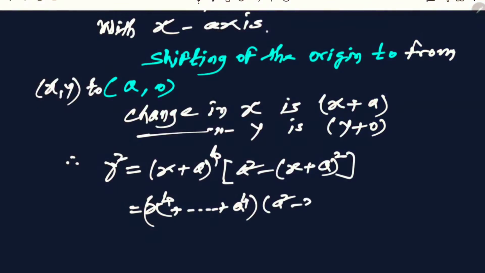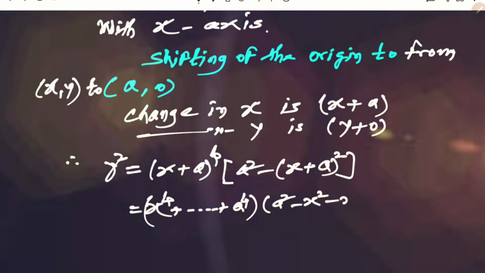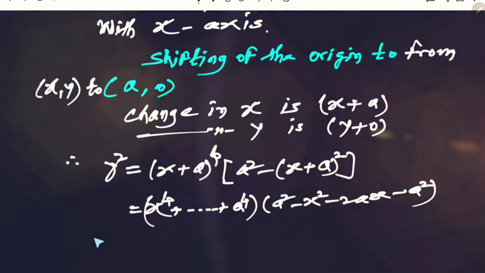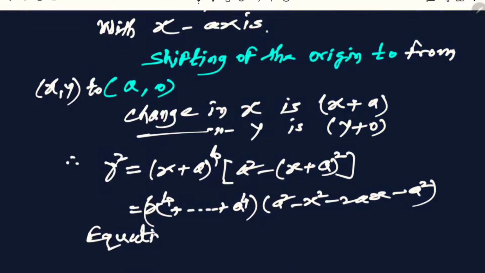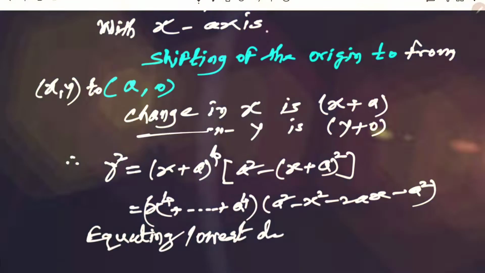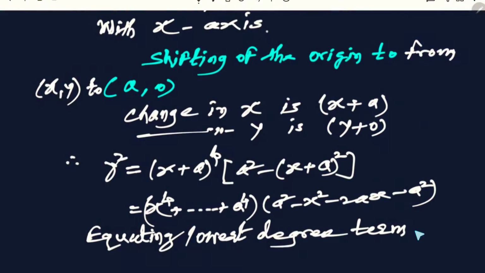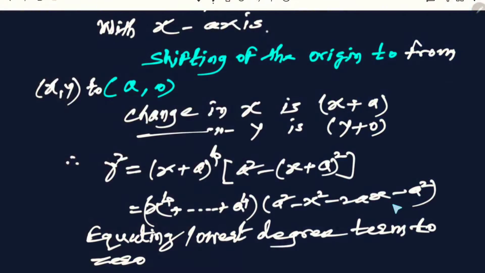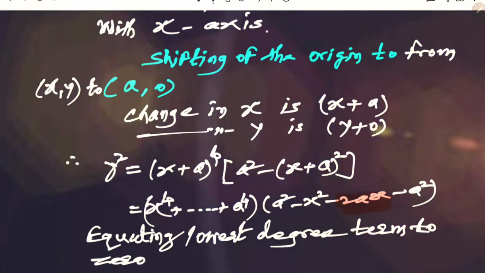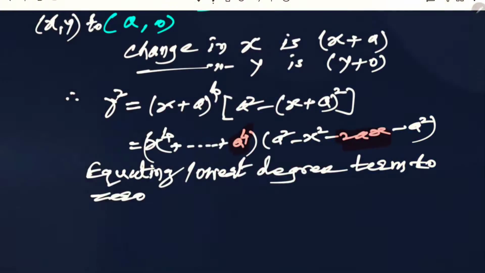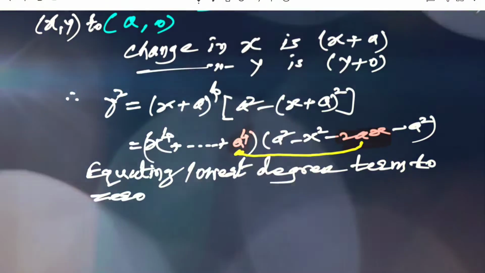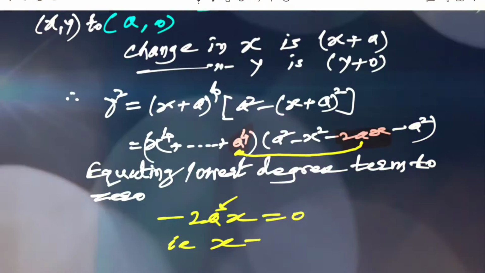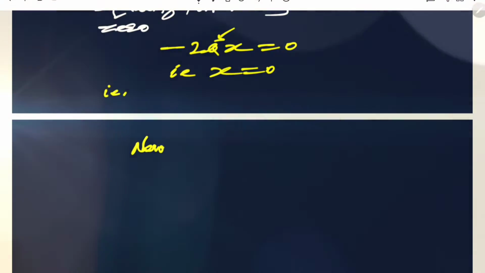Simplifying it, expanding the first bracket, we get x raised to 4 plus so on, last is a raised to 4. And expansion for that bracket is a square minus x square minus 2ax minus a square, and a square gets cancelled. And therefore, once again equating the lowest degree term or terms to 0, if we multiply a raised to 4 by that minus 2ax, which I have underlined, that term becomes minus 2a raised to 5 into x.